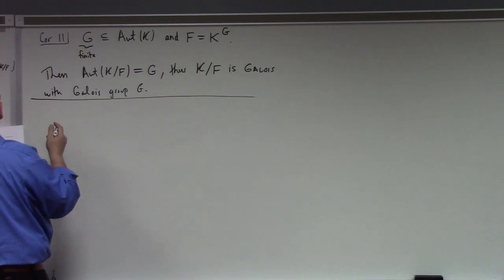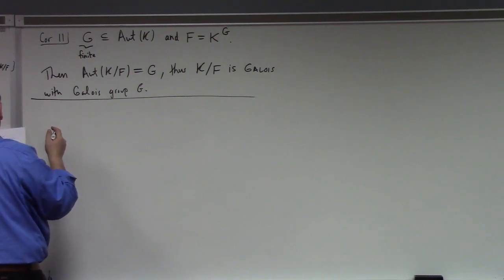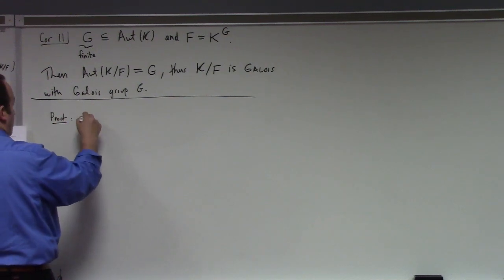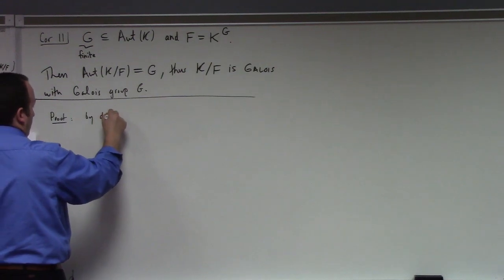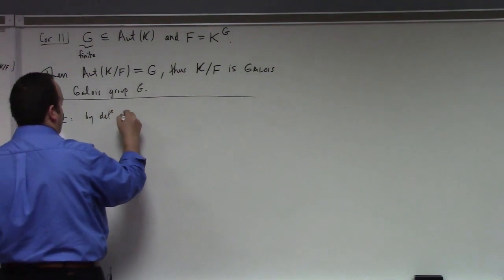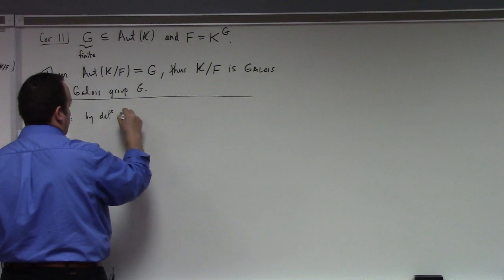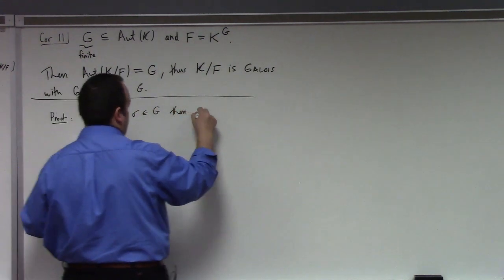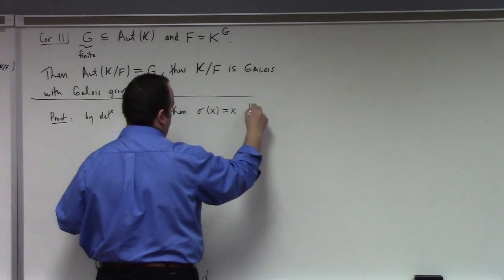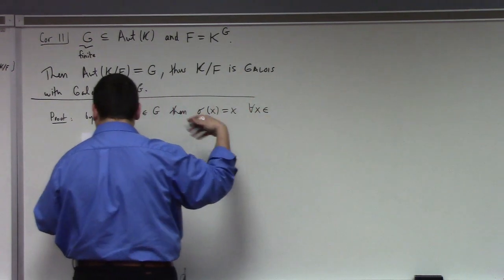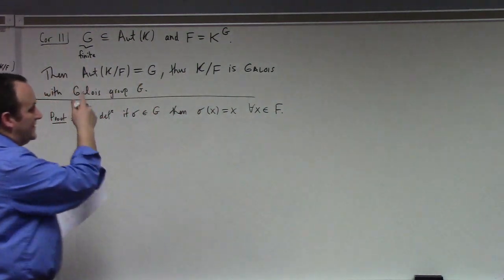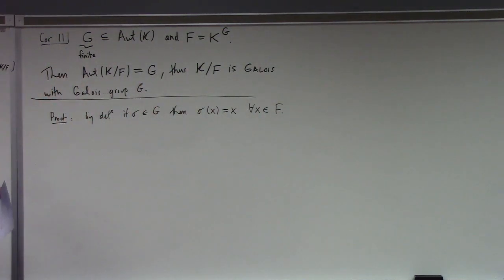He says, by definition, F is fixed by all elements of G. If sigma is in G, then sigma of x is equal to x for all x in F, right? That's because F is the fixed field of G, right?